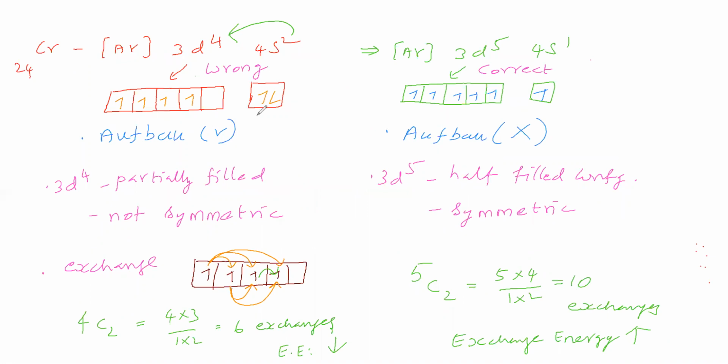Now see that here 3d contains 4 electrons, here also 3d contains 4 electrons, and the additional electron is this one. Here 4s2, here this 4s electron screens another 4s electron to a higher extent, but this 3d electron screens another 3d electron to a lesser extent.